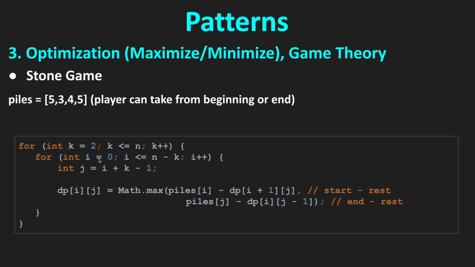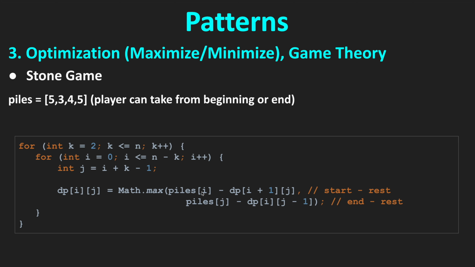So at each step, we have k equals 2, and we are doing it with 2 increments, because we are taking the pointers at the beginning and at the end.